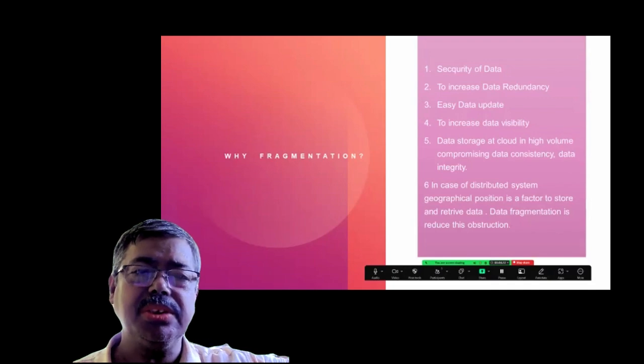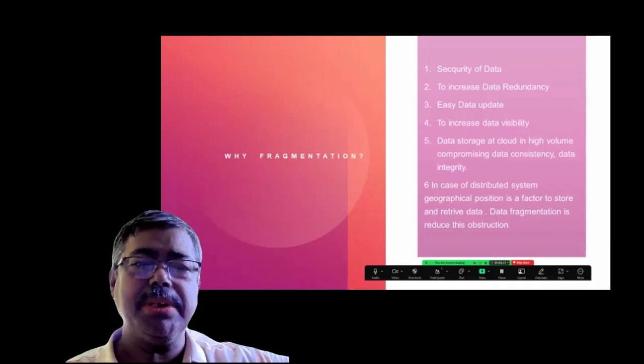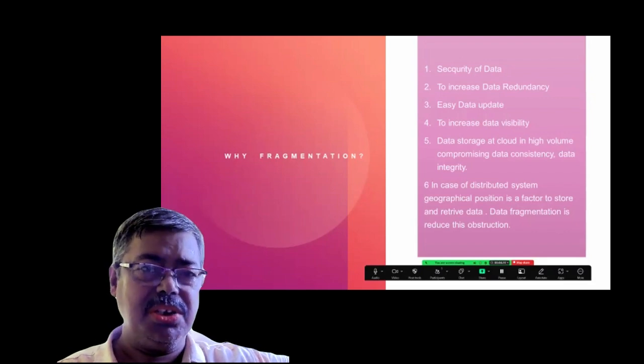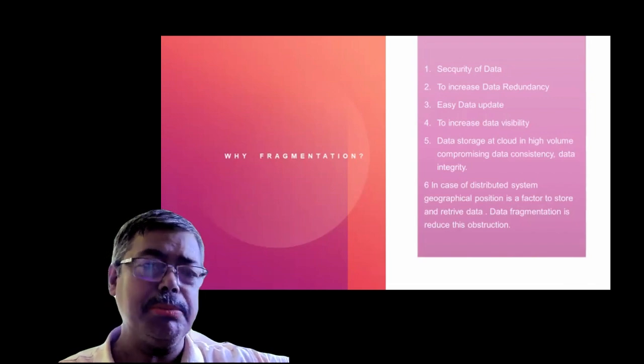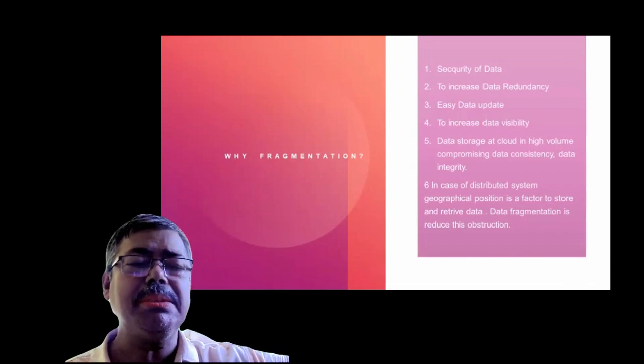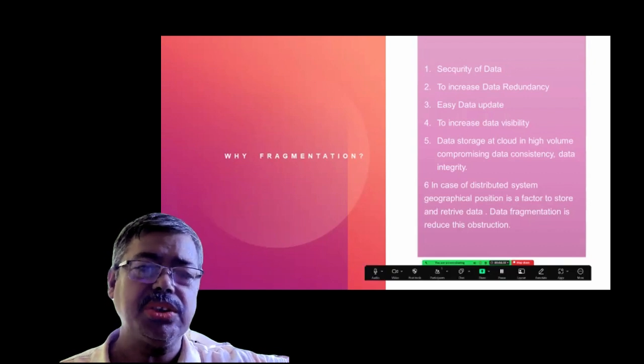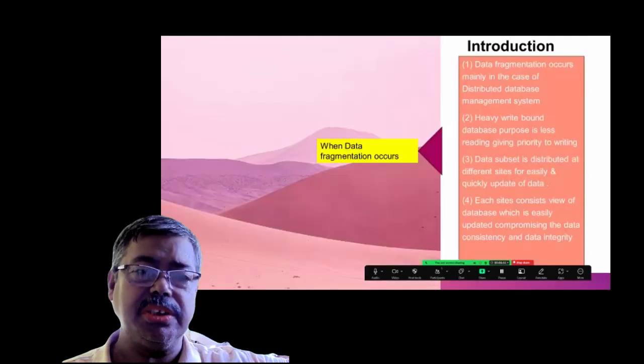Each data update is very easy because data is updated at a subset, not the total database. So it is not time consuming, as it would be for the total database. It also increases data visibility, data storage and cloud volume while compromising data consistency.